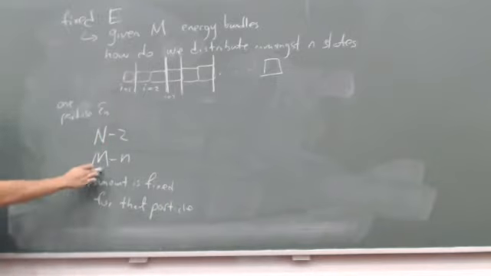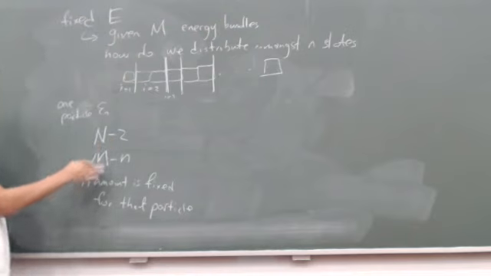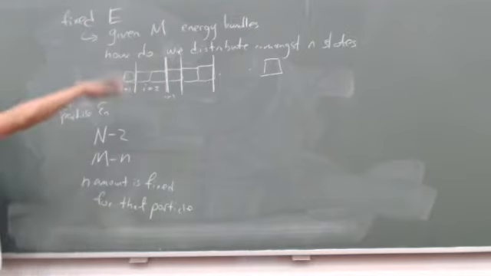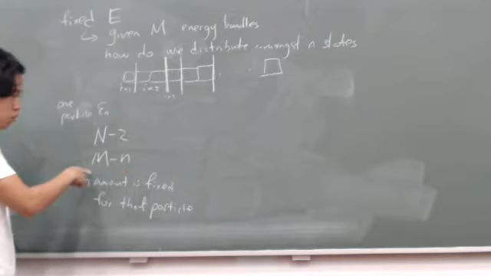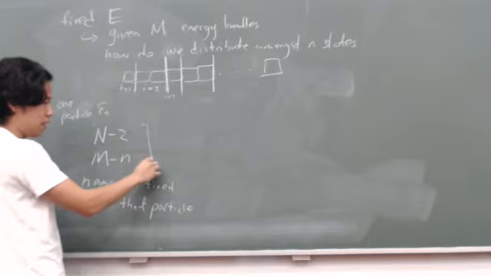So I'm free to fiddle around with all the other particles, all the other dividers, and how much energy all the other particles get. All I'm requesting is that n amount is fixed to this one particular particle, and then you can shuffle everything else.